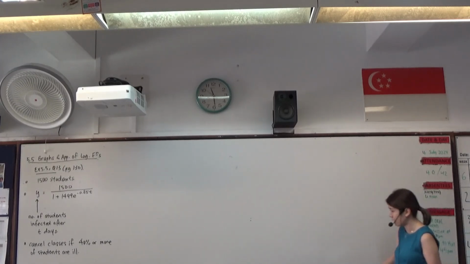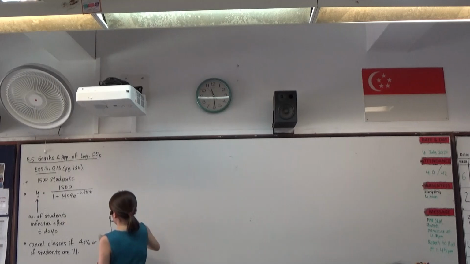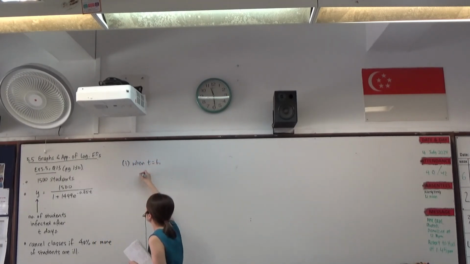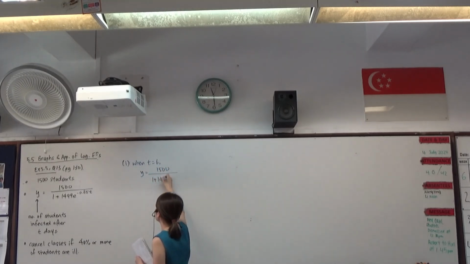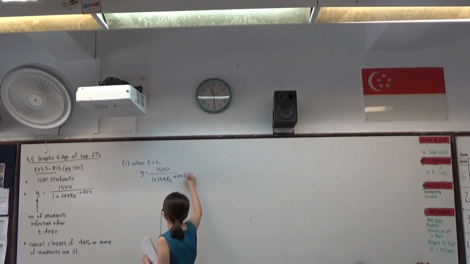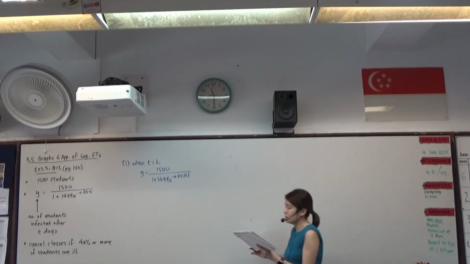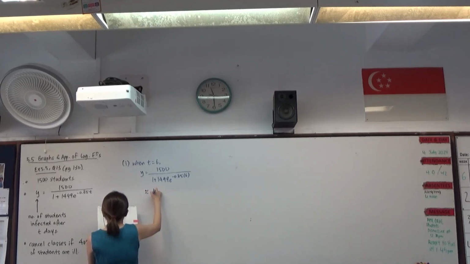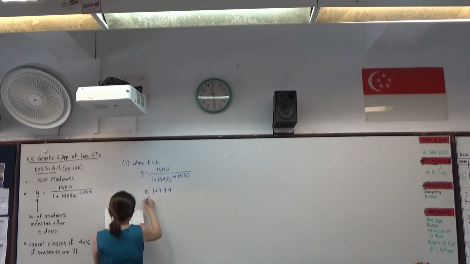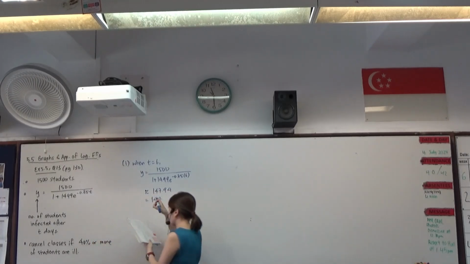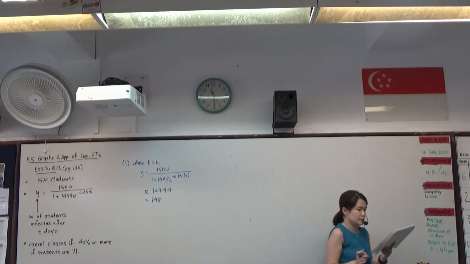So I think that part 1 isn't an issue, whereby we will take T to be equals to 6 using the function itself, and then our calculator, we can calculate the number of students who got infected. That comes out to be 147.94, and rounding off it will be 148 students.